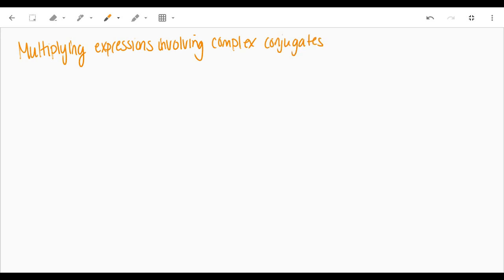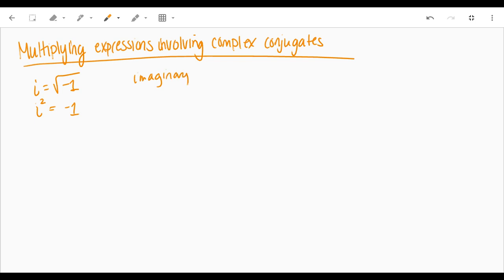Okay, so first of all, if you remember, i is the square root of negative 1. So i squared is negative 1. Okay, imaginary numbers have the real part a, and bi is the imaginary part.